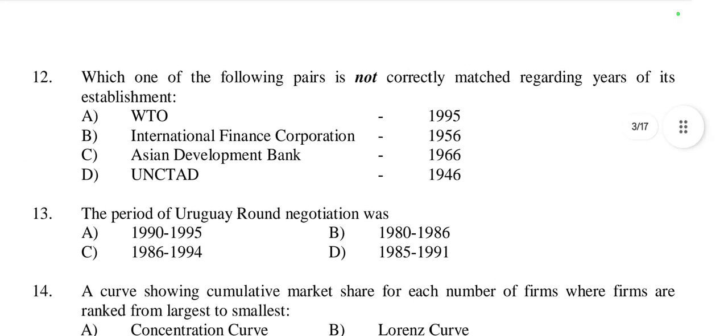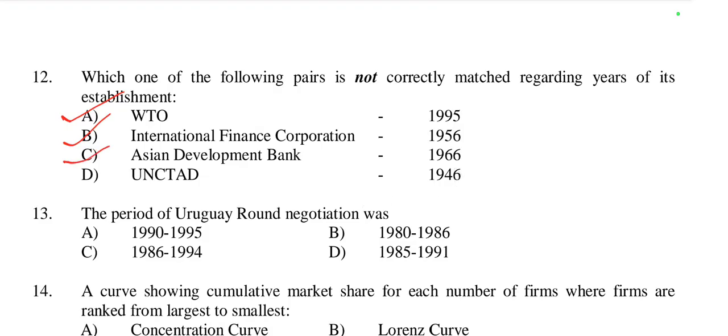Then question number 12, which one of the following pairs is not correctly matched regarding years of establishment? The first one is WTO, established in 1995. Yes, WTO 1995. Then International Finance Corporation 1956. Yes, this is also true. Then Asian Development Bank, established in 1966.